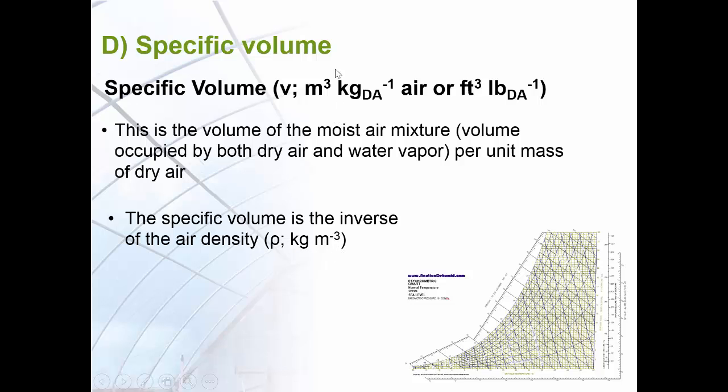The unit for that is cubic meters per kilogram of dry air, or in the British unit system, the specific volume is represented by cubic feet per pound of dry air basis. We can locate the specific volume of the moist air by locating the thermodynamic state on these diagonal blue lines, as you can see on the psychrometric chart.